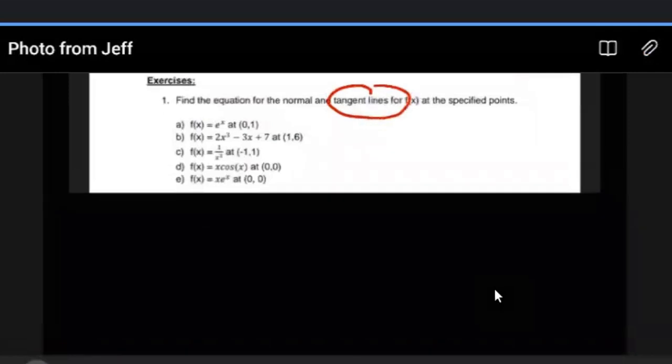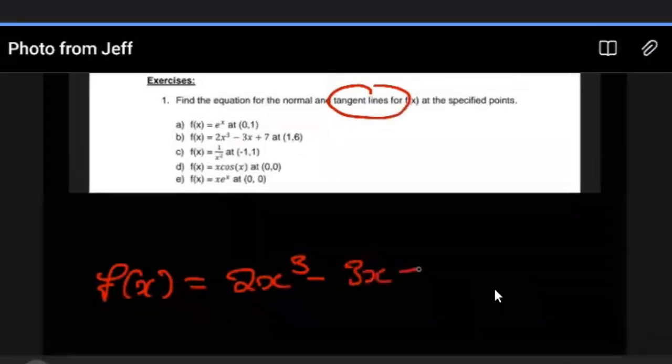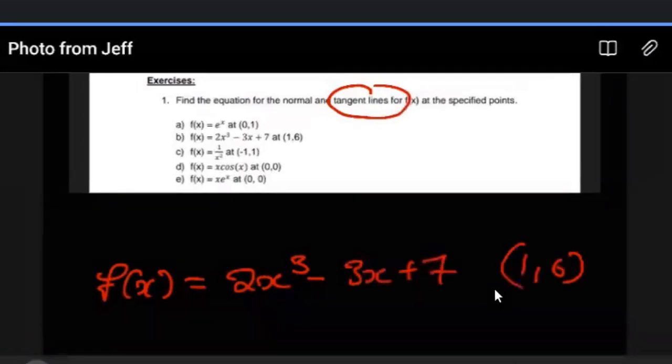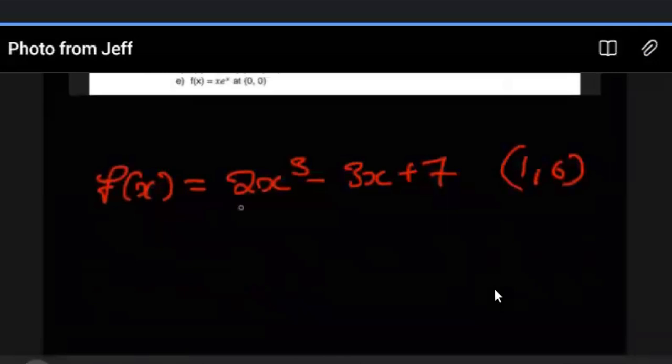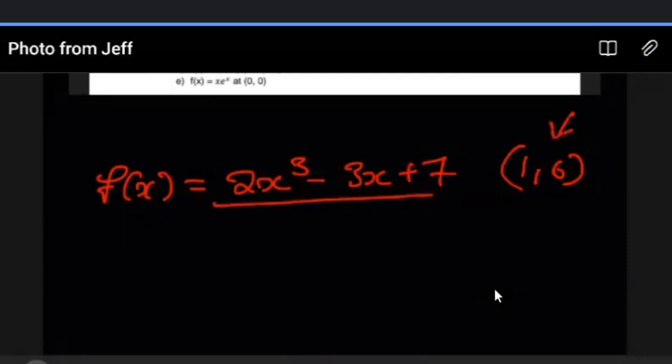So for example, you have f of x equals 2x to the power 3 minus 3x plus 7, and they are specifying a point 1, 6. So the first step is to get the gradient. You don't even have to sketch this, but the first step is to get the gradient of this function at the stated point.